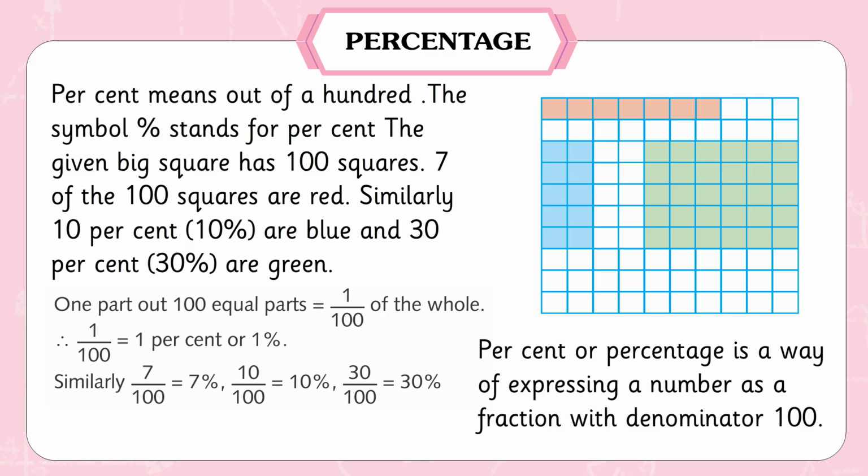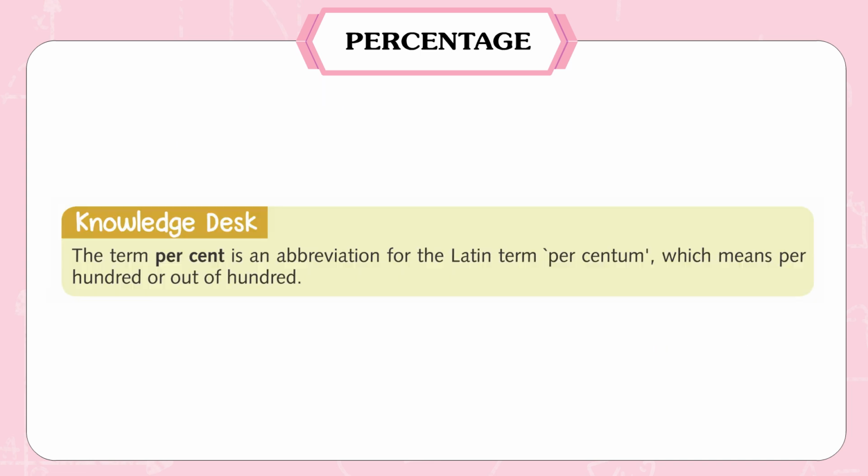Percentage: percent or percentage is a way of expressing a number as a fraction with denominator 100. Knowledge desk: the term percent is an abbreviation for the Latin term per centum, which means per 100 or out of 100.